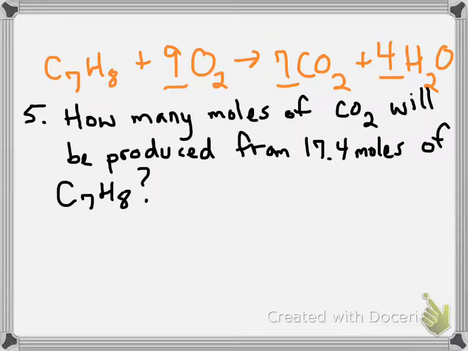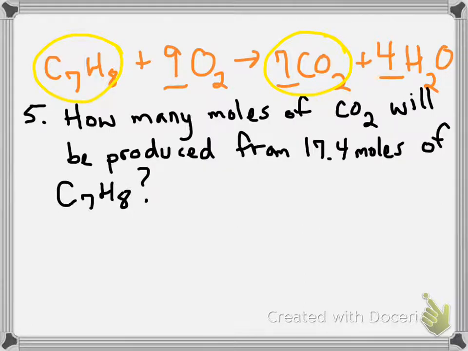Question 5 says, how many moles of carbon dioxide will be produced from 17.4 moles of C7H8? So I just copied the reaction from the previous slide. We're still using this reaction. We are looking at the relationship between carbon dioxide and C7H8 again.